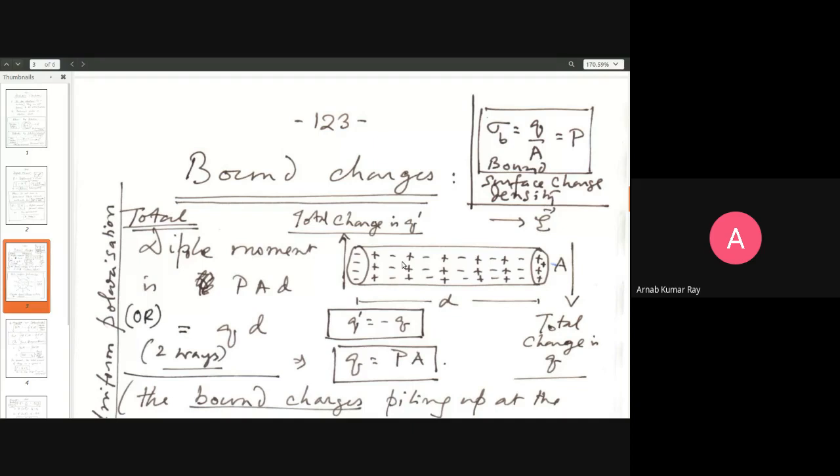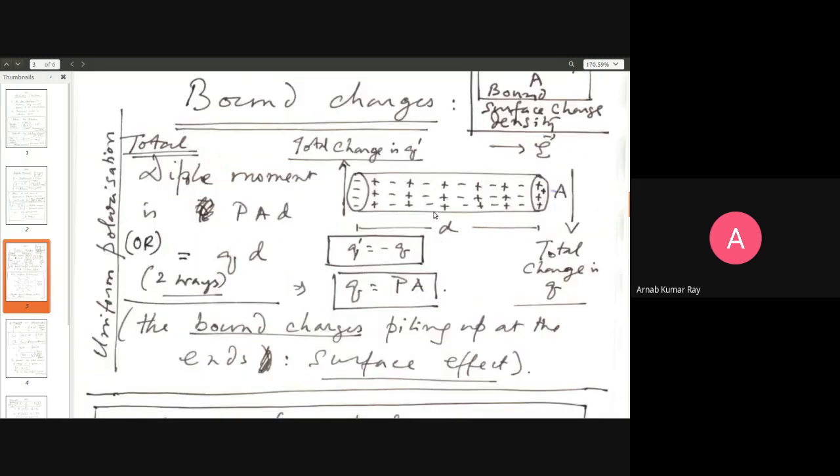If you have free charges that are free to move around within the body of the conducting material, then you have a conductor. Whereas if the charges are bound to, all the electrons, let us say, are bound to their parent atoms, then you have bound charges, and such a material will be an insulating material. So we look at one such thing.